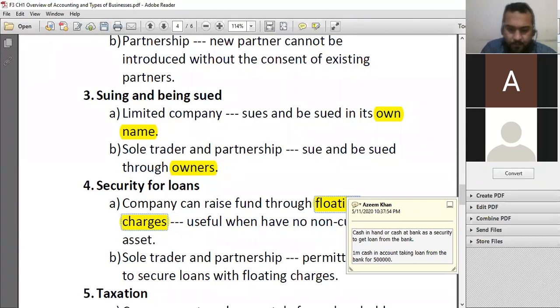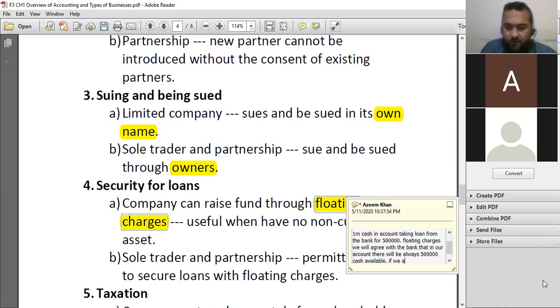Clear? So through floating charges, we will agree with the bank that in our account there will always be 5 lakh cash available.